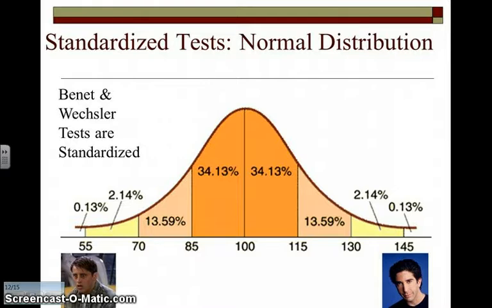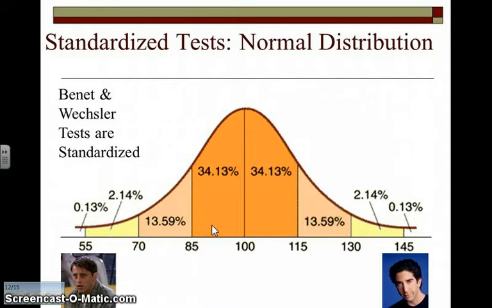Also remember the percentages underneath the graph, and then we're going to talk about a couple other percentages as well. Essentially 34% of the population ends up scoring within one standard deviation below the mean, so that would be this group here, between 85 and 100.